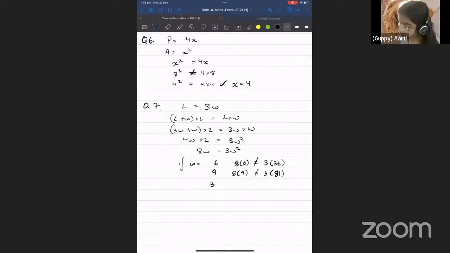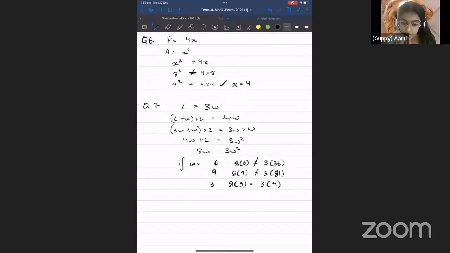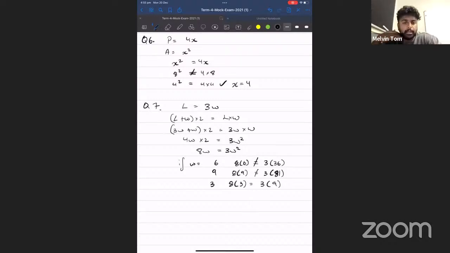No. If it is 3, 8 times 3 is 24. And 3 squared is 9, and 3 times 9 is 27. Wait, where did I mess up somewhere? I'm getting confused.